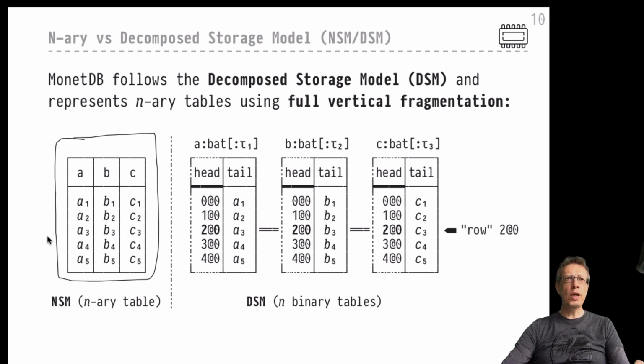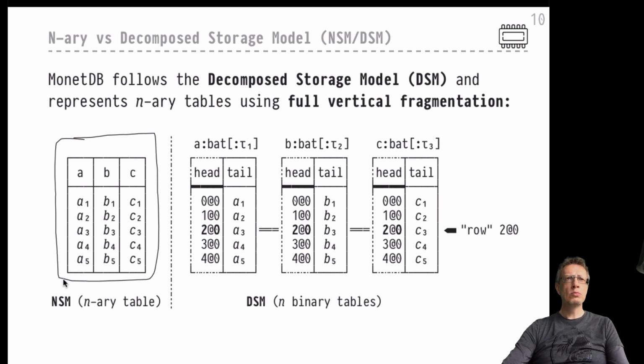Inside MonetDB, we are to the right of this dashed line. And inside MonetDB, we implement the decomposed storage model, the fully decomposed storage model, or DSM. And the contents of this n-ary table here is represented in n binary tables.